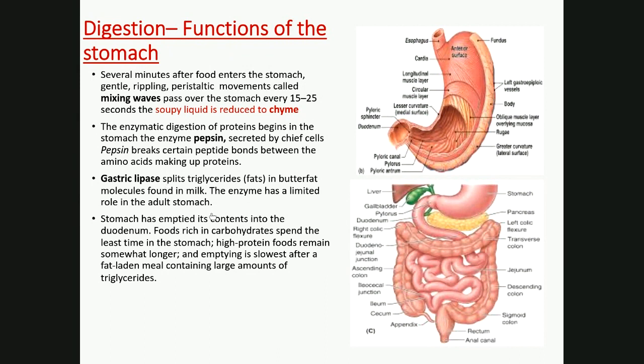Once the stomach is emptied, carbohydrates spend the least amount of time in the stomach. Fat-laden foods, which contain the largest amount of triglycerides, are second to the carbohydrates, and high protein foods remain in the stomach longer.